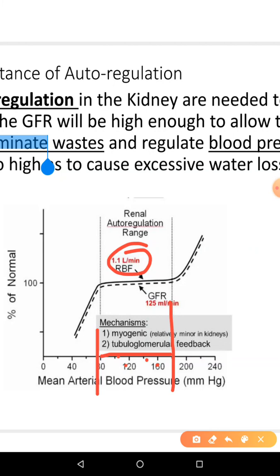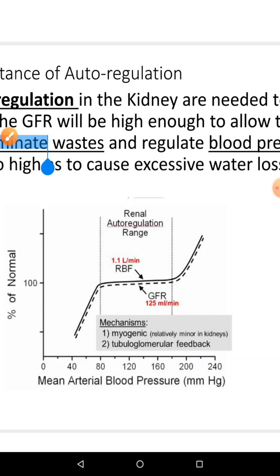These are called autoregulatory mechanisms. The first one is myogenic, and the other one is the tubuloglomerular feedback mechanism. These are the mechanisms that explain why even if there is pressure change in the kidneys or in the systemic circulation, blood flow still remains constant.